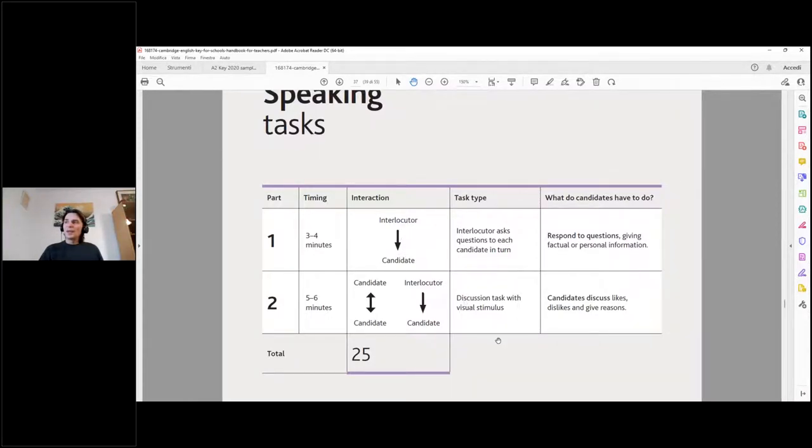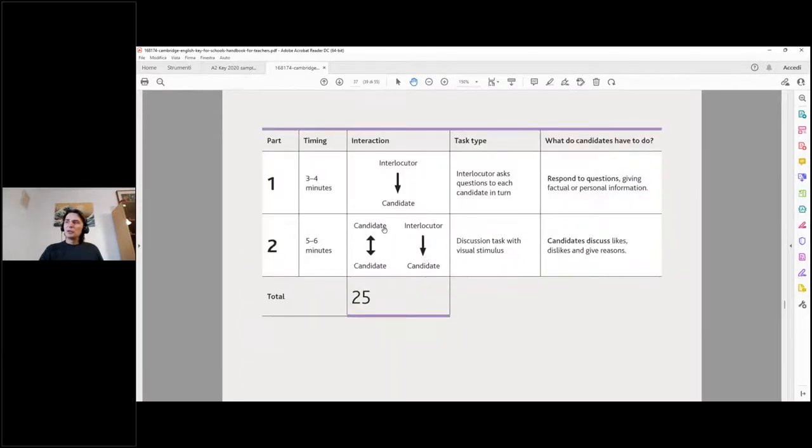Then in part two, candidates talk to each other and ask each other questions. And finally, the examiner asks questions to the candidate. This is how the speaking exam works: the teacher asks questions to the student, then students talk to each other about the topic, as we are going to see, and then the teacher asks questions again.